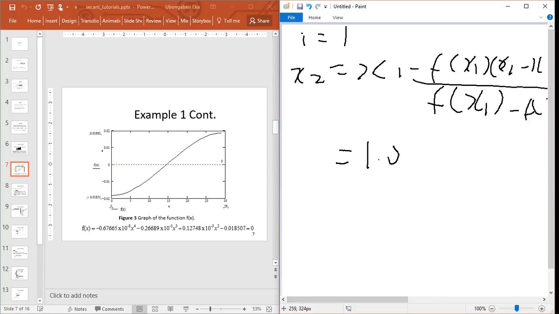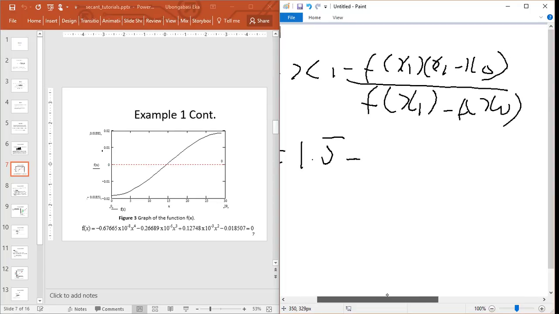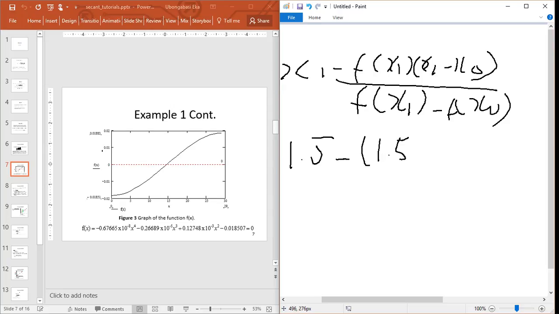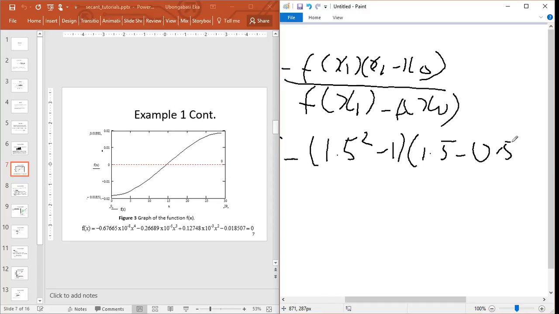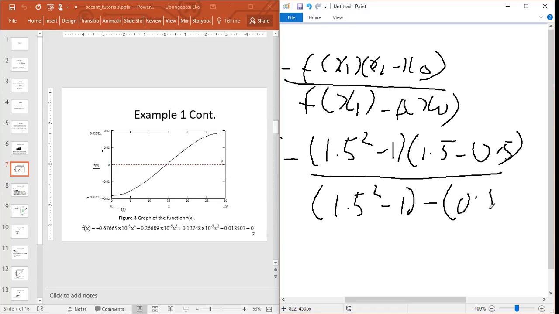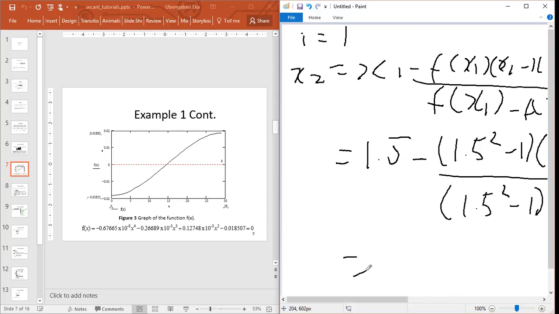This is 1.5 minus 1.5 square minus 1 times 1.5 minus 0.5 all over 1.5 square minus 1 minus 0.5 square minus 1. So the value for this is 0.875. So let's keep on going.